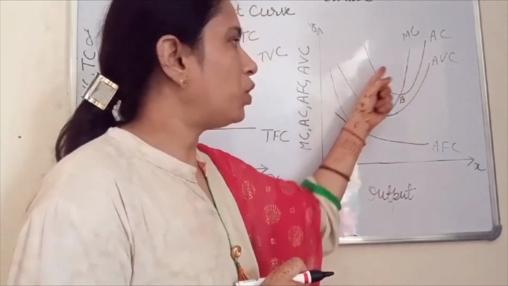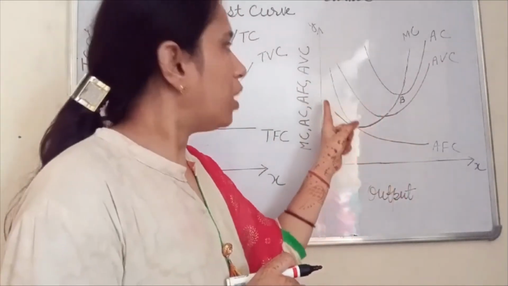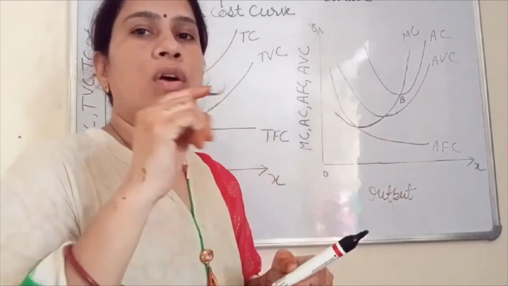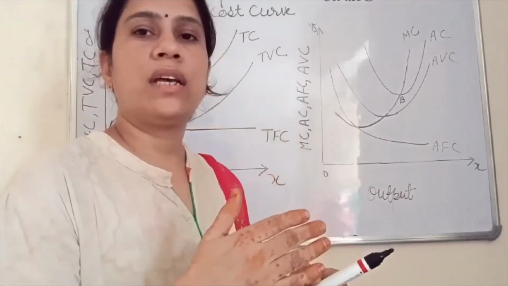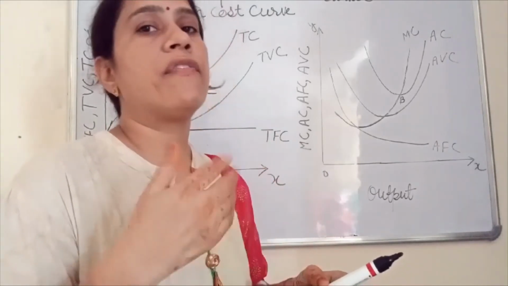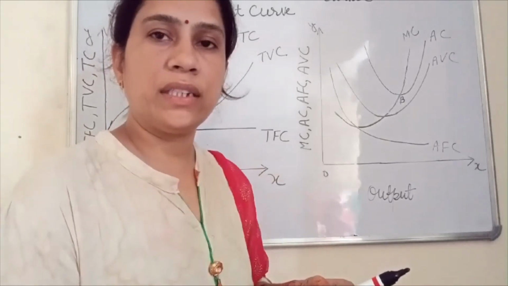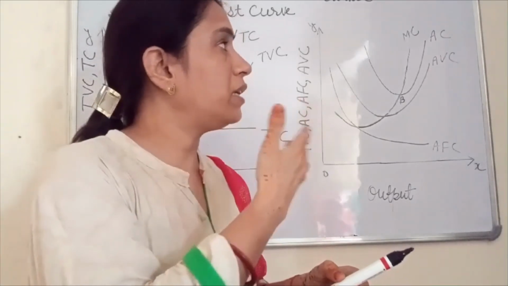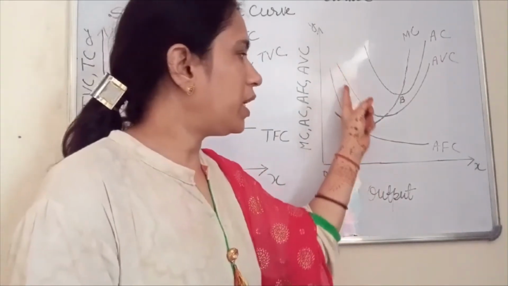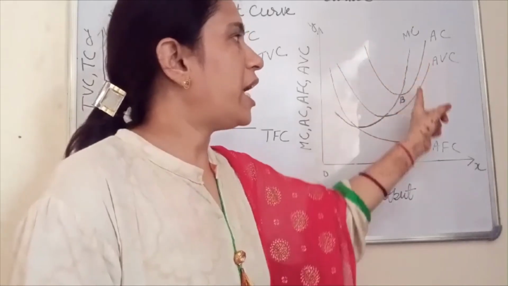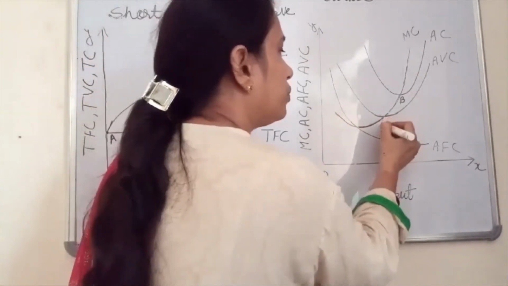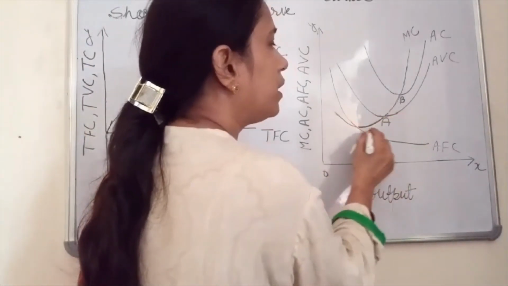Both the curves are U-shaped, and MC is also U-shaped, because in the beginning cost decreases, and when the fixed factors are fully utilized, after that, if the variable factor is increased, then the cost starts to increase. So the cost curves AC, AVC and MC are U-shaped.